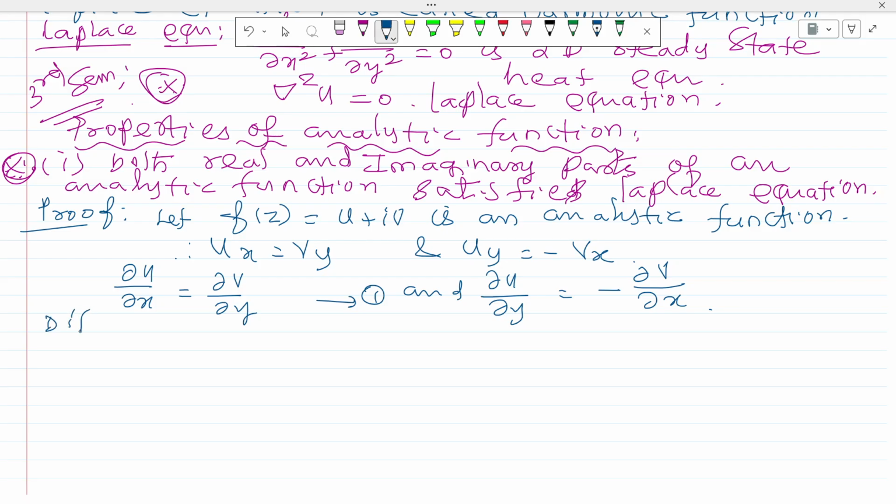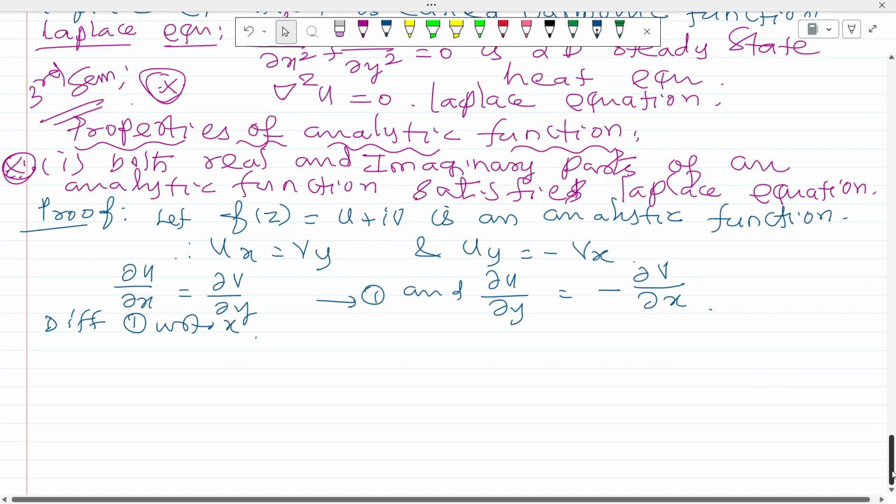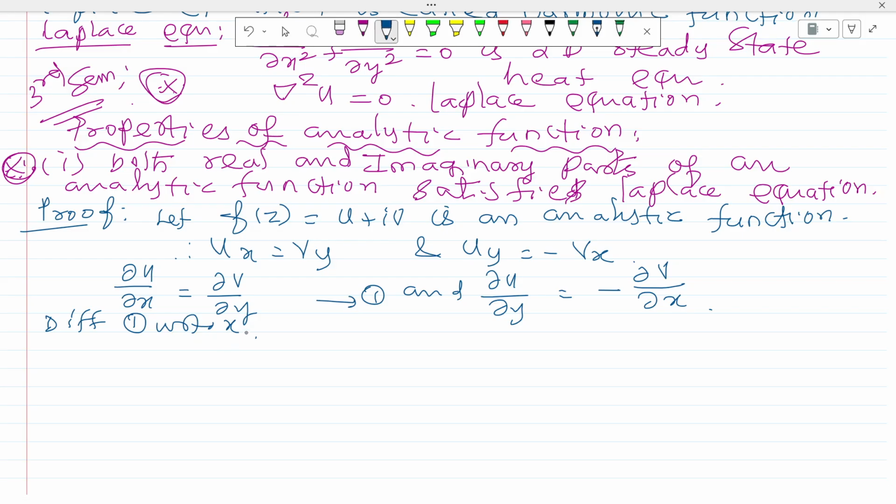Now differentiate 1 with respect to x on both sides. What you get?